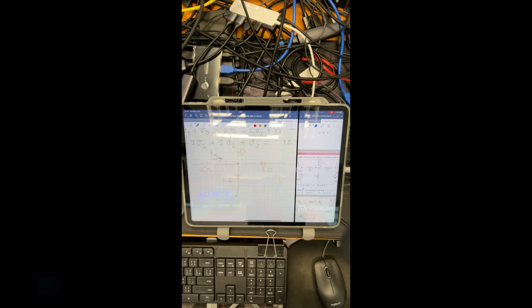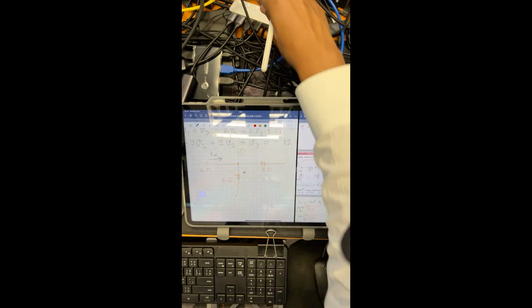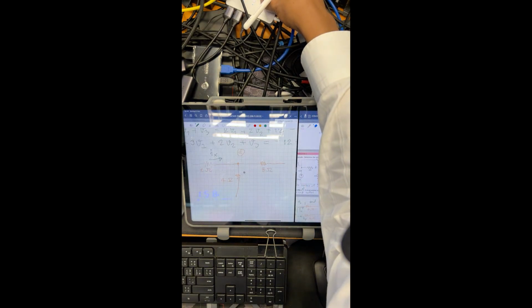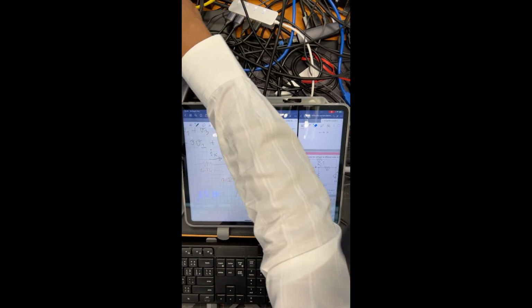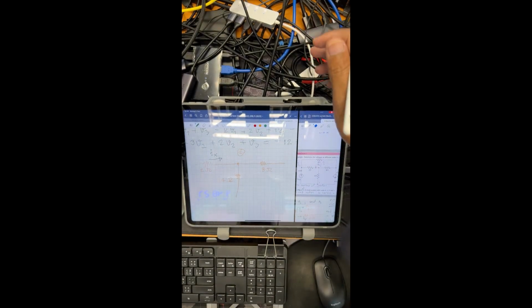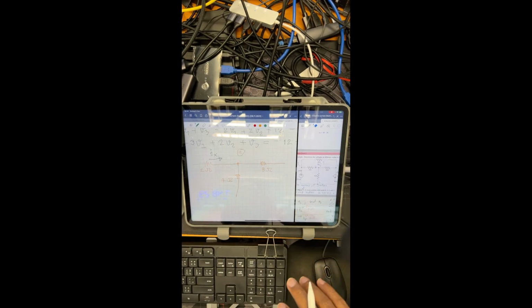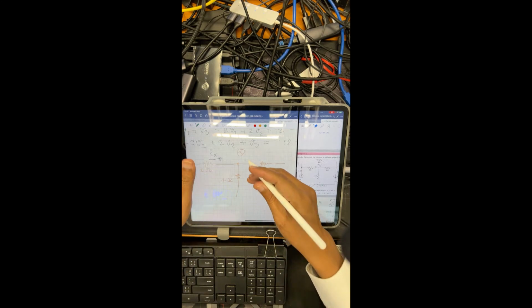Alright, would you please help me to say what direction we should have for the branch of 4 ohm? And what's the name of the current we would have for this? IP, IQ, okay.